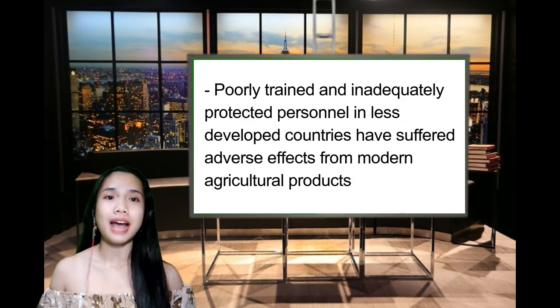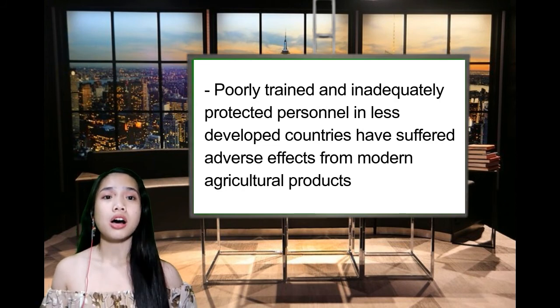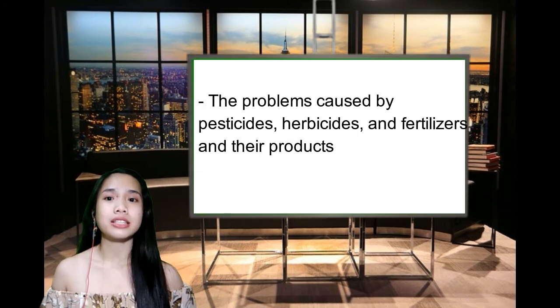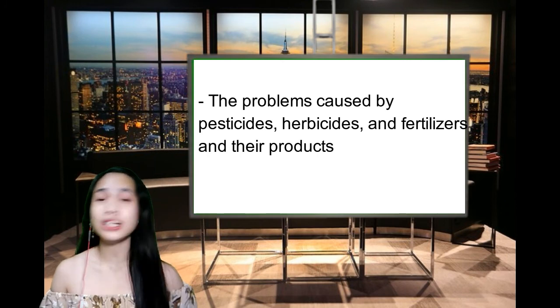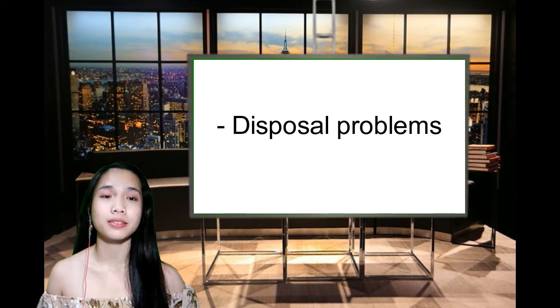Poorly trained and inadequately protected personnel in less developed countries have suffered from adverse effects of modern agricultural products and the problems caused by pesticides, herbicides, fertilizers, and lastly, disposal problems.